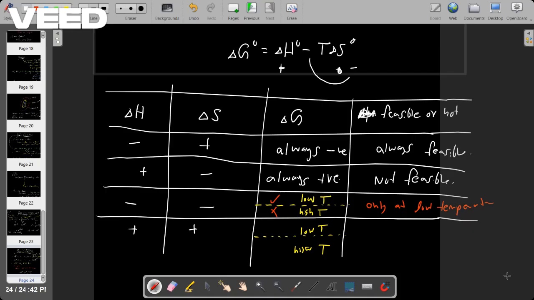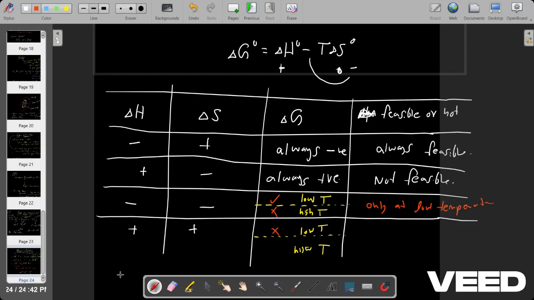Delta H at low temperature, not feasible. At high temperature, only at high temperature. So don't memorize these things. Just think of the equation and find only at high temperature.